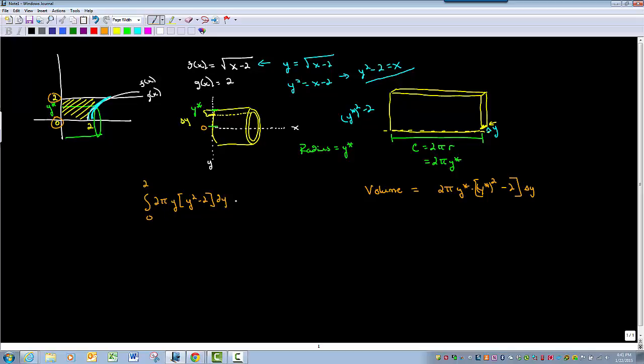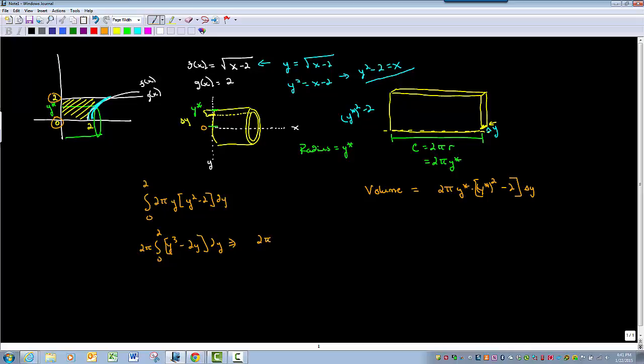Okay. So let's go ahead and play around with this. Well, the 2 and the pi can be pulled out. So this would be 0 to 2, 2 pi. This inside here will be y to the third minus 2y dy. And now what we do is just find an antiderivative.